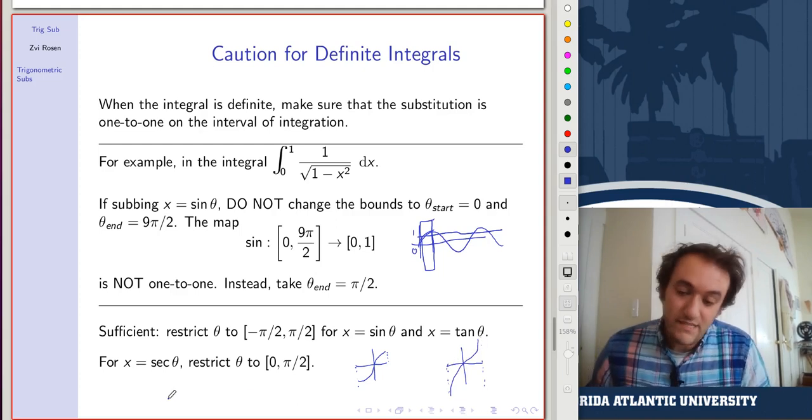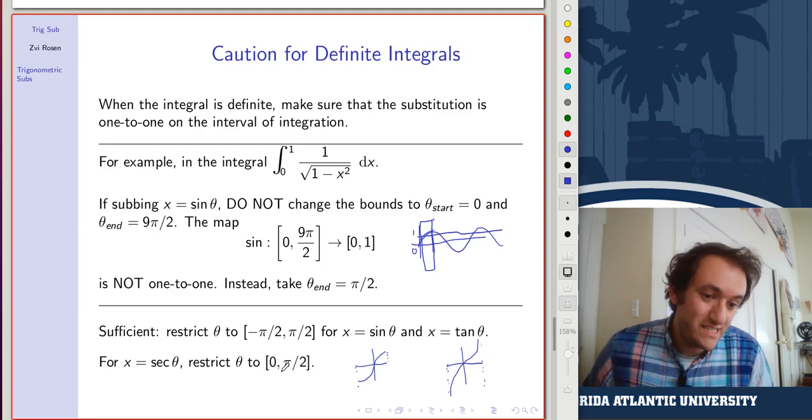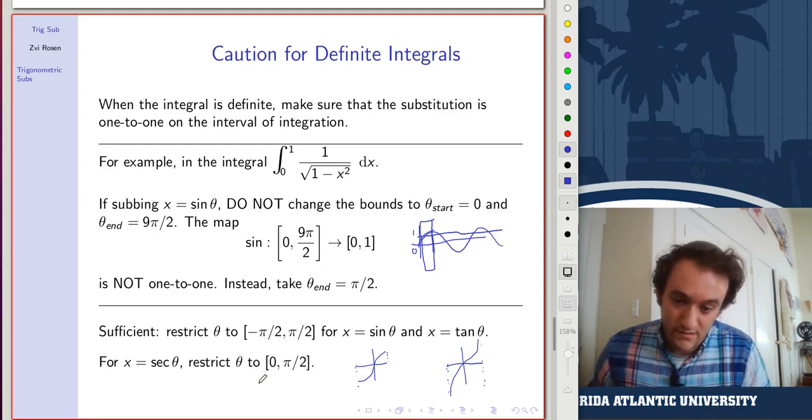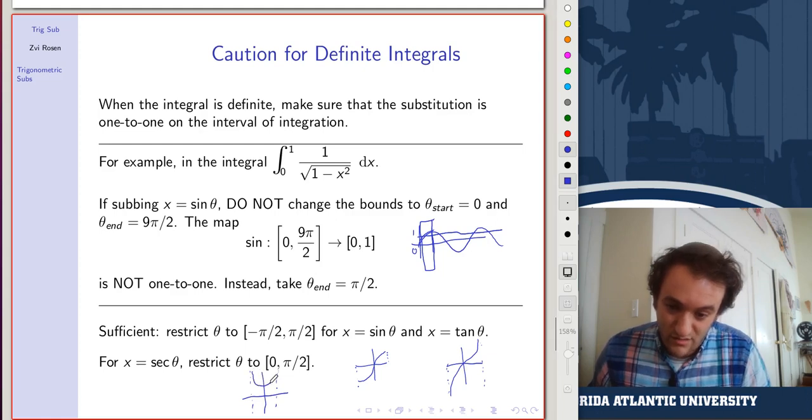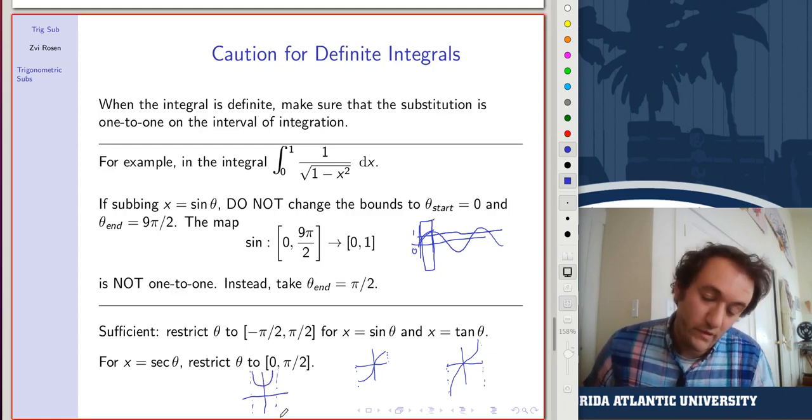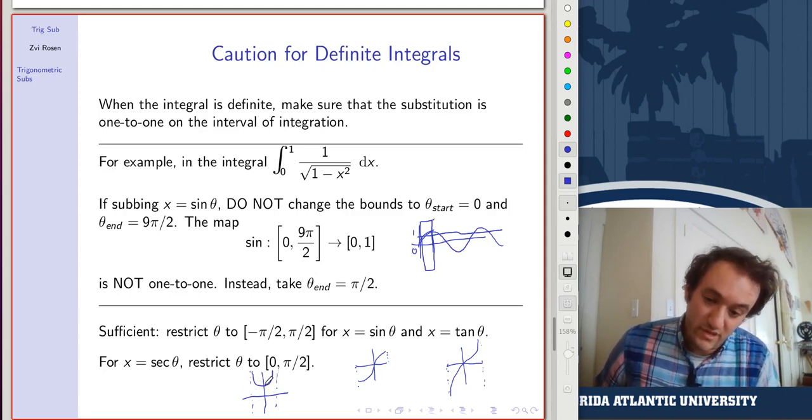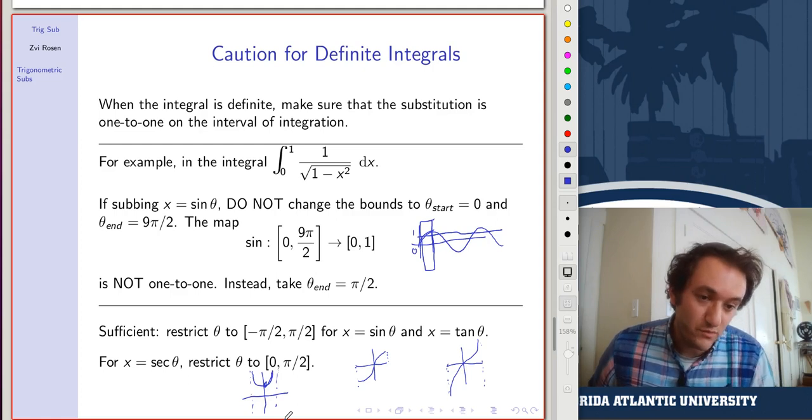For x equals secant theta, we'll want it to be restricted to 0 to pi over 2, because secant theta looks more like this. It also has asymptotes at minus pi over 2 and pi over 2, but it's symmetric. So you want to limit yourself to half so that the map is still 1 to 1.